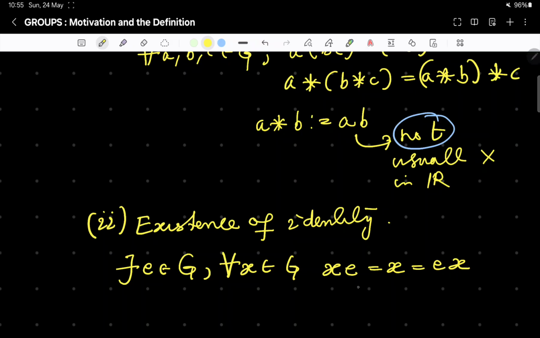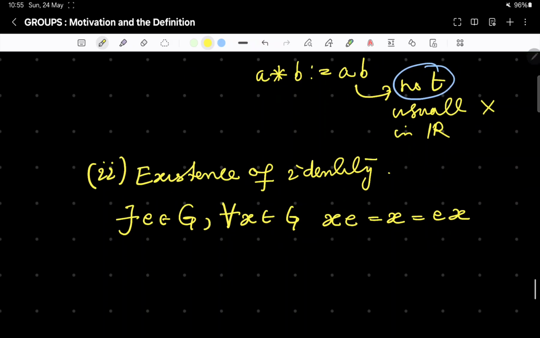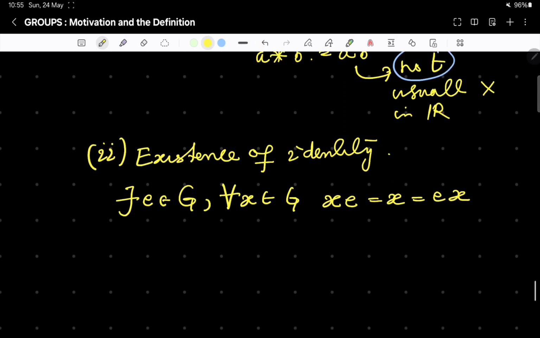If you operate e from left and right, that should give x. So if such an element exists, then we have a chance. So we need the existence of such an element. Third thing is, once identity is established, we must have the existence of inverse.